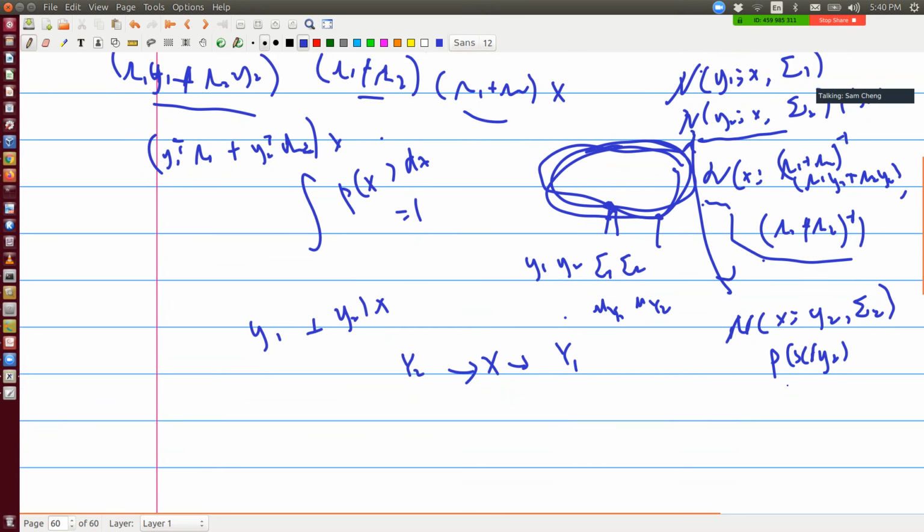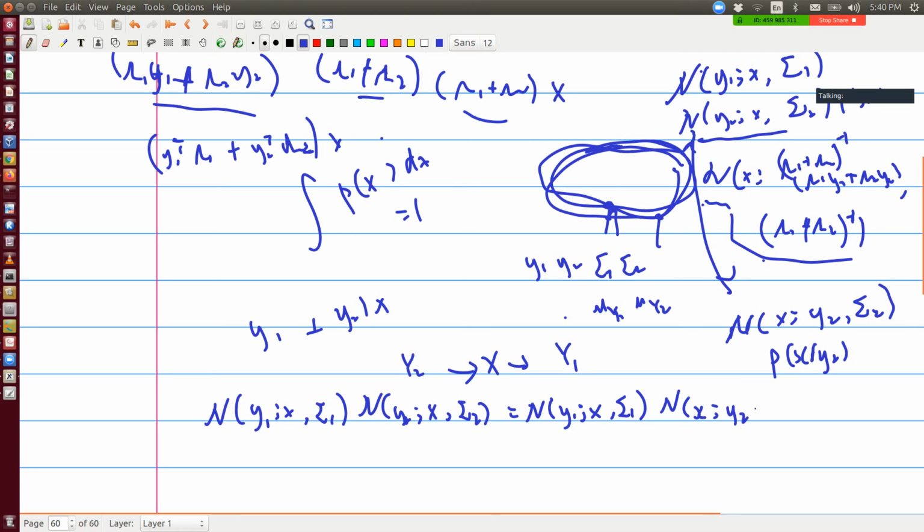As a whole, if I copy it here, we have N(y1 | x, sigma 1) multiplied by N(y2 | x, sigma 2). As I said, I can write this instead as N(y1 | x, sigma 1) times N(x | y2, sigma 2).